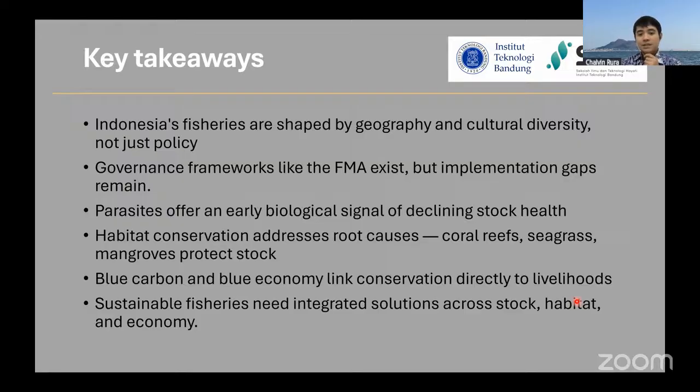Habitat conservation addresses root causes, so there's importance in preserving important ecosystems. Blue carbon and the blue economy can be a good framework, not only for conservation but also for climate change mitigation and improving fishermen's livelihoods. And sustainable fisheries need integrated solutions across stock, habitat, and economy.